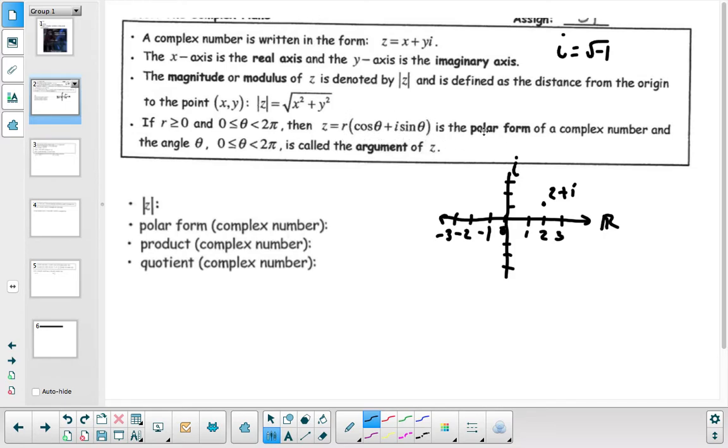We call this polar form because it's not technically a coordinate again, but r times cosine theta plus i sine theta, r times cosine theta being the real portion, and i sine theta being the imaginary portion. But we're going to see that we have similar strategies as yesterday and the day before, graphing polar coordinates, as we do when we have polar form of complex numbers.